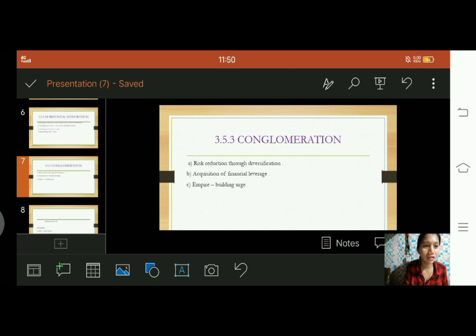The last effect of integration is effect of conglomeration. The first is risk reduction through diversification, acquisition of financial leverage.